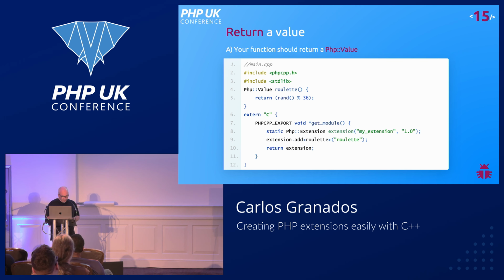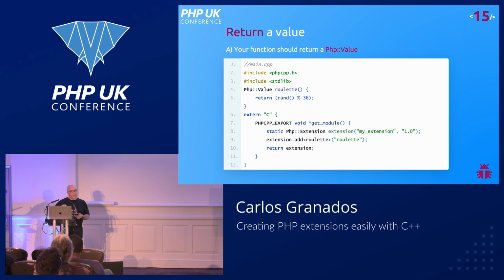You do this by defining a C++ function that returns an instance of PHP value class. This is a C++ class that's defined by your library. And this is what PHP-C++ uses to let PHP know that it's returning something that it can use. It will automatically convert it for you into something that PHP understands.